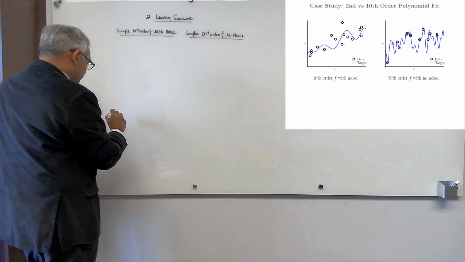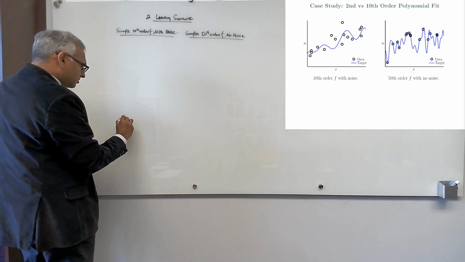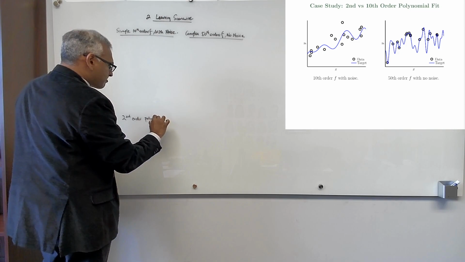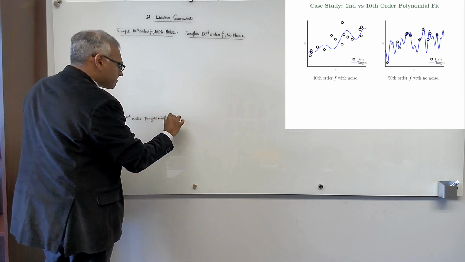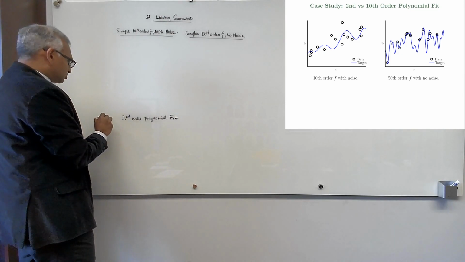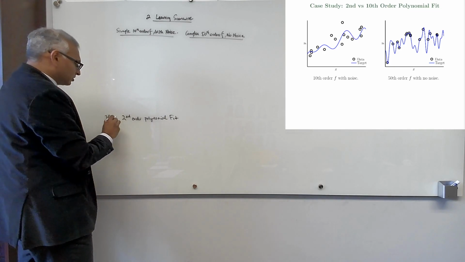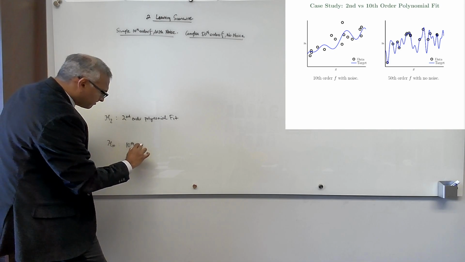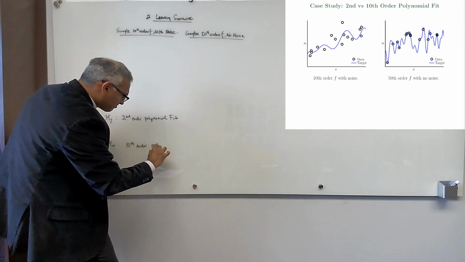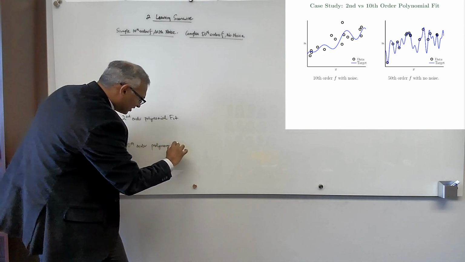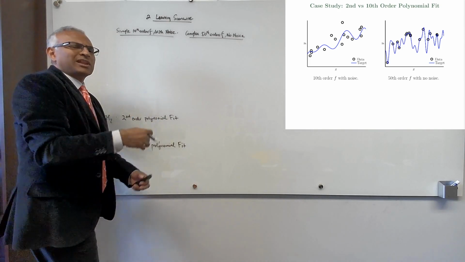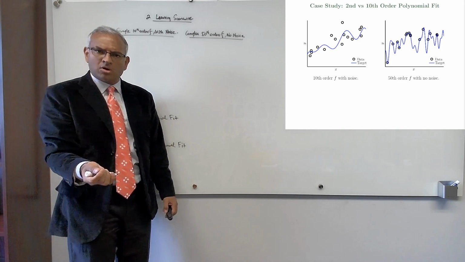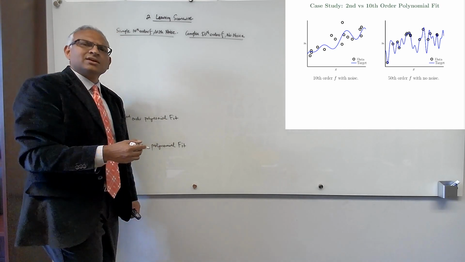hypothesis sets. So second order polynomial fit. Let's call this H2 for second order polynomial fit, and H10, which is the 10th order polynomial fit. You might wonder, how do I do these polynomial fits? Well, the polynomial fit in regression is just the linear model with a particular nonlinear transform.